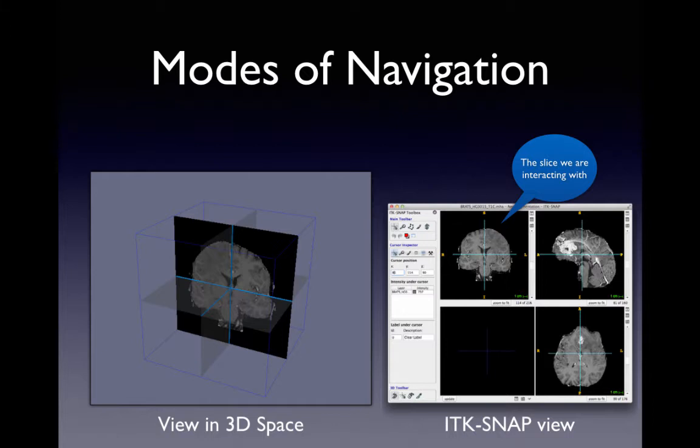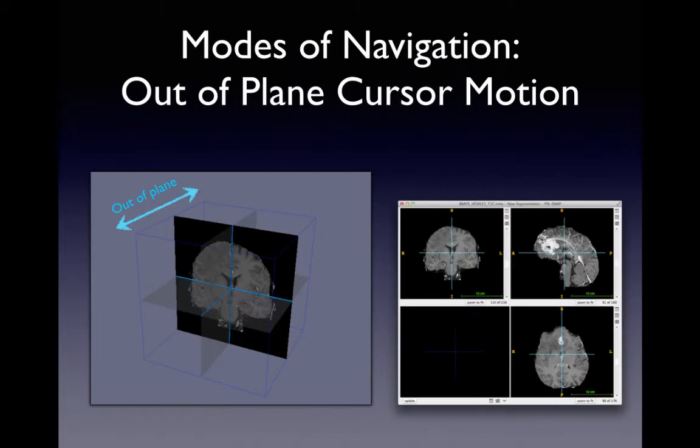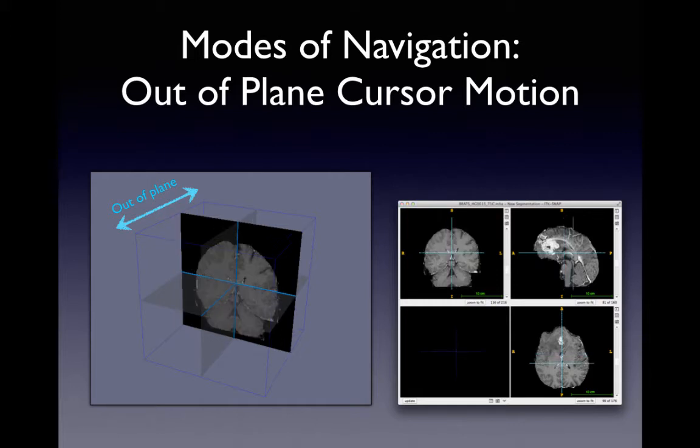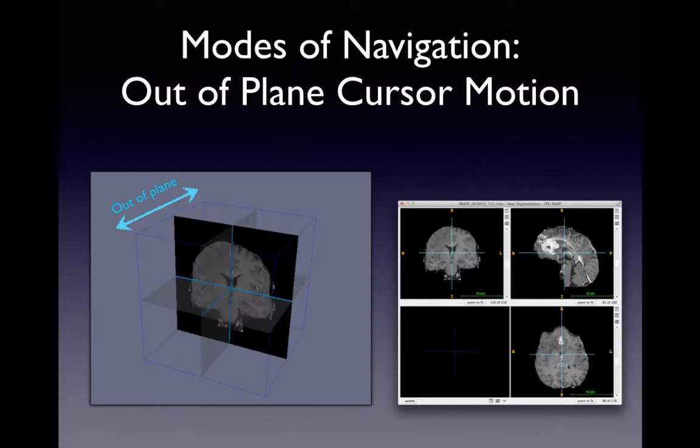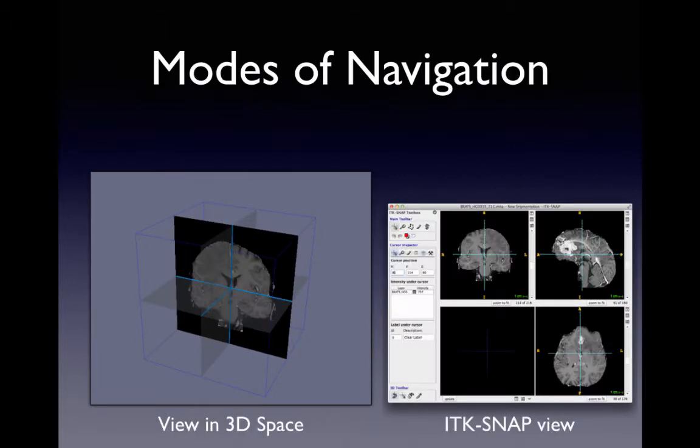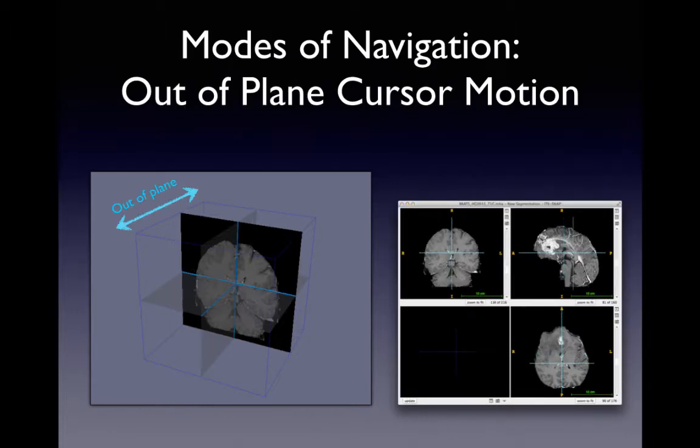So we're going to be interacting with this slice here. So as if we're clicking in this slice and we're not touching the other two slices for this demonstration. So the first kind of navigation mode is out of plane. And what that means is that we're moving this slice plane along its axis. You can see what it's doing, right?